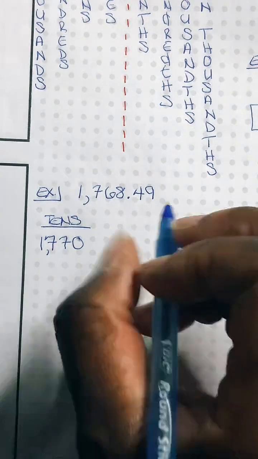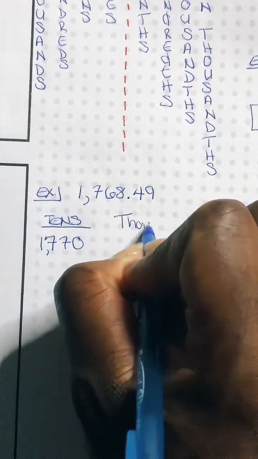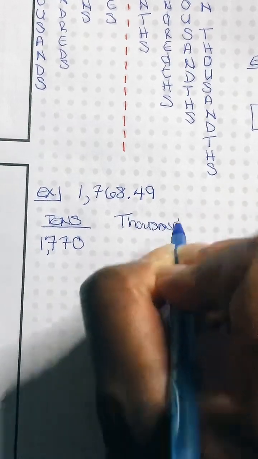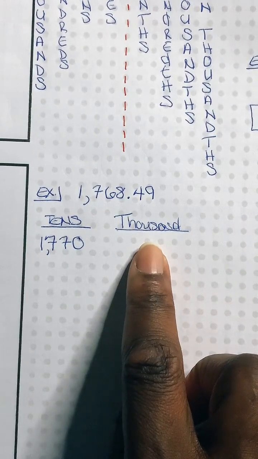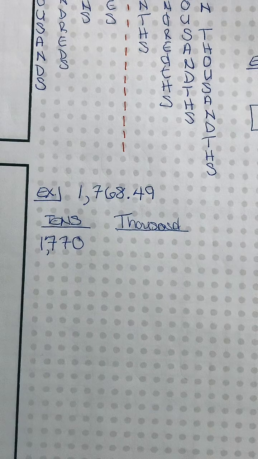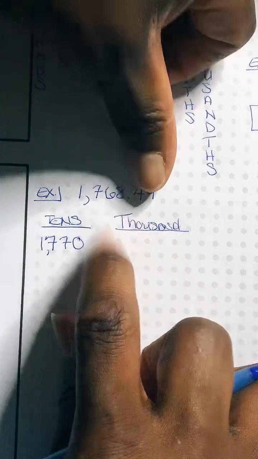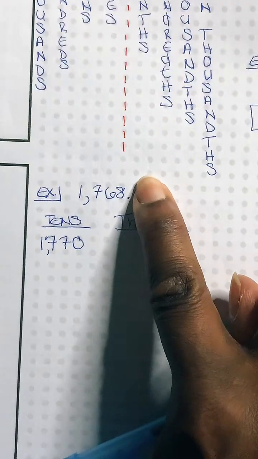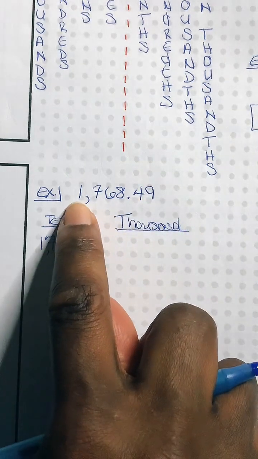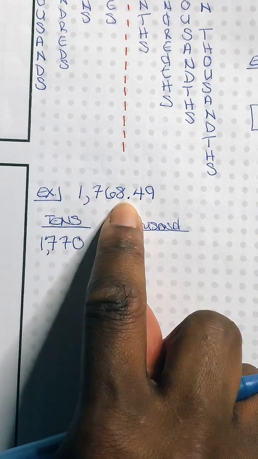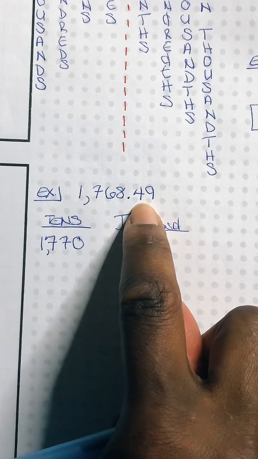So if I want to round to the thousands, same numbers. If I want to round to the tens, after the decimal place doesn't exist anymore. It's gone. It's not part of it. So like if I had $1,768 and I want someone to round it up for me, they're not going to give me my 49 cents.